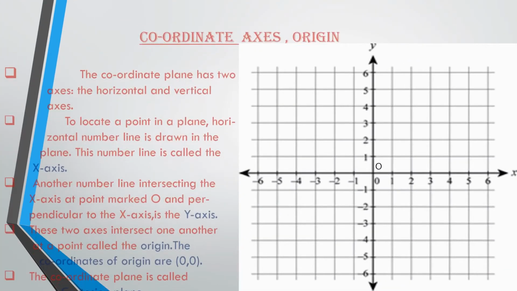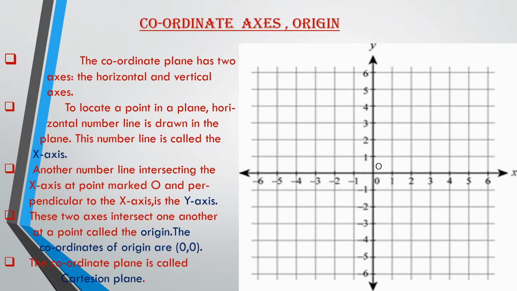Let's learn coordinate axis and origin. The coordinate plane has two axes. One is the horizontal axis and the other is the vertical axis. To locate a point in a plane, a horizontal line is drawn in the plane. The horizontal number line is called the x-axis and the vertical axis is called the y-axis.